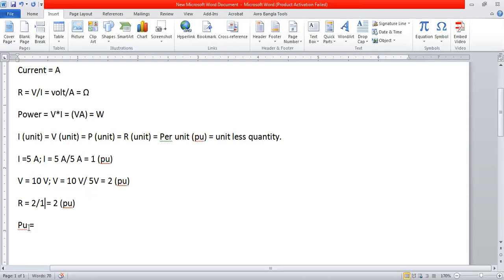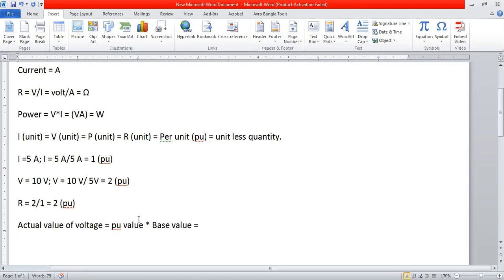Now if we want to convert this back to an actual value, the actual value of voltage should be the per unit value multiplied by the base value or the reference value.